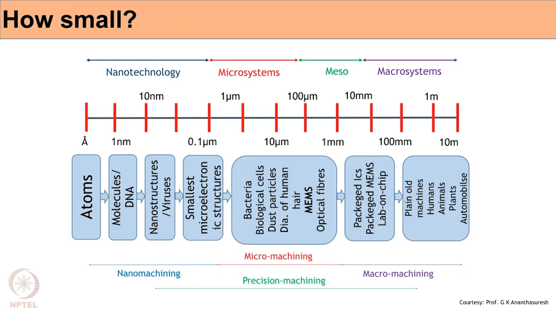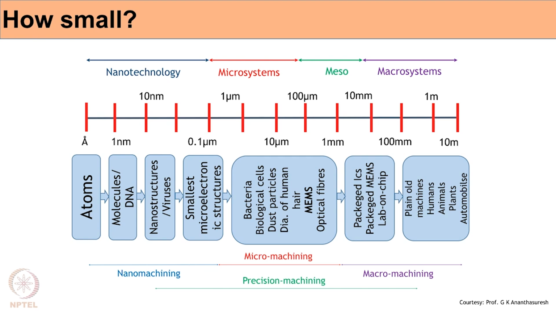So now as we are talking about small, let me give you some idea about what we mean by small, how small we are actually talking about, right? You know about atoms. Atoms are in the angstrom range, okay? One atom, like a hydrogen atom, is about 0.5 angstrom or on that scale. Then you have molecules or DNA in the nanometer scale, then nanostructures or viruses in a few tens of nanometer scale.